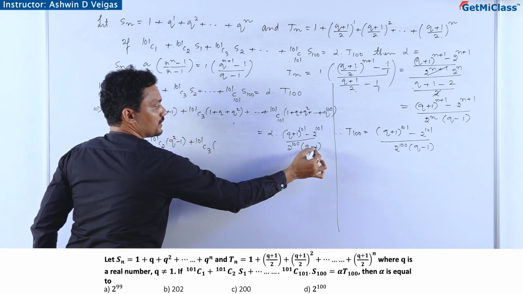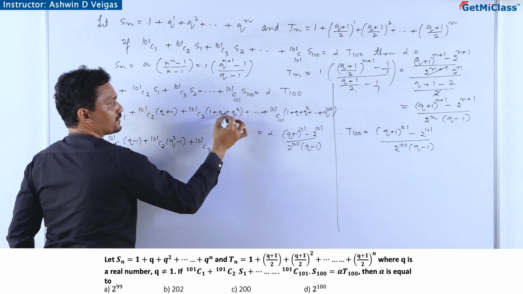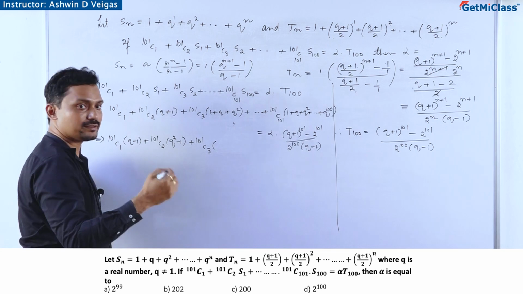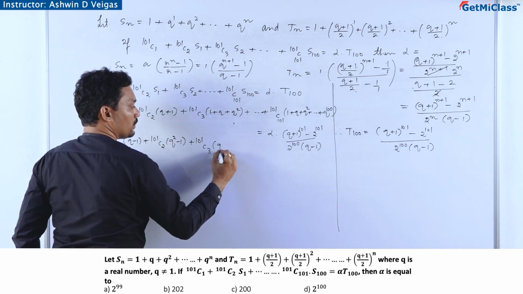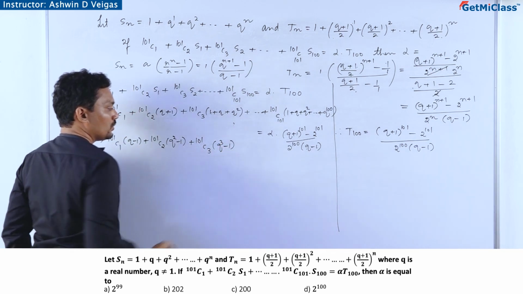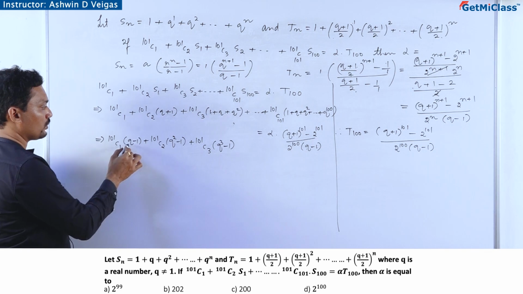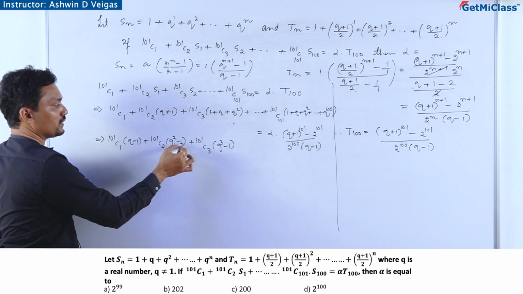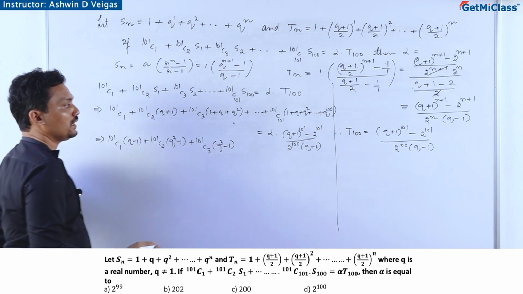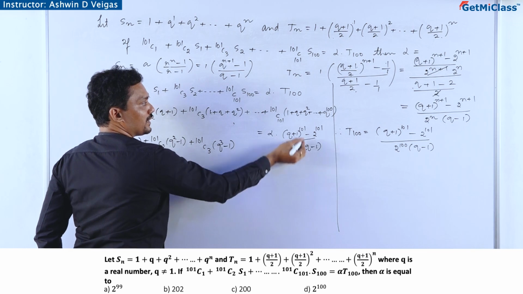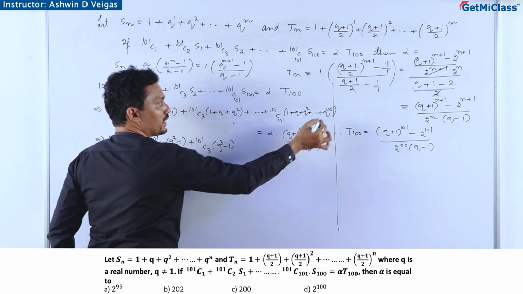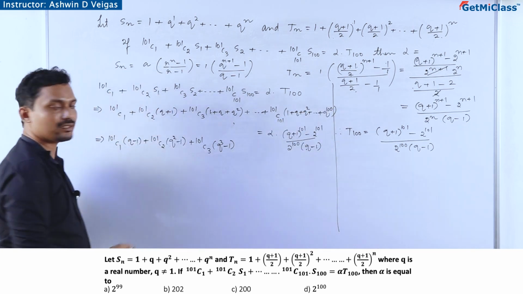This is a minus b into a square plus ab plus b square, which is a cube minus b cube. So it will become q cube minus 1. So you see the pattern which is going: q minus 1, q square minus 1, q cube minus 1. Like that, when this gets multiplied to this term, you will get q power 101 minus 1.